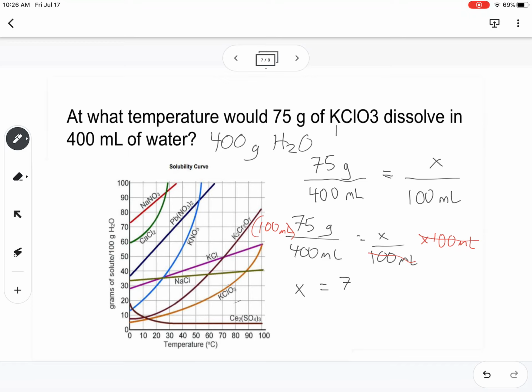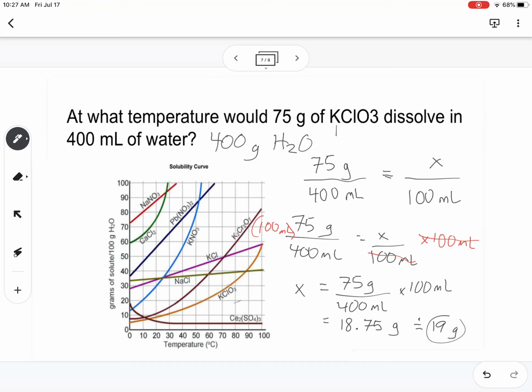So this means that x is equal to 75 grams over 400 milliliters times 100 milliliters. Now, if you type this into your calculator, you end up with a final answer of 18.75 grams, or about 19 grams.